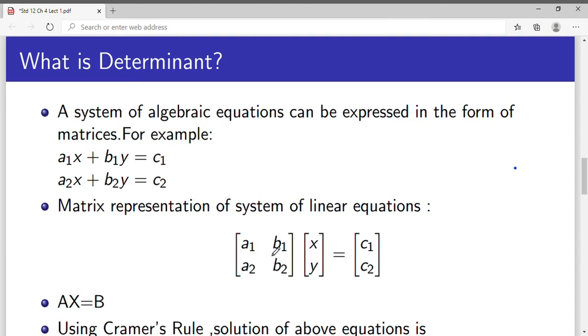This a1 b1 a2 b2 is known as the coefficient matrix and is denoted by capital A. The variable matrix x and y is denoted by capital X and the constant matrix is denoted by B. So the matrix notation of a system of linear equations is nothing but AX equal to B, where A is the coefficient matrix.